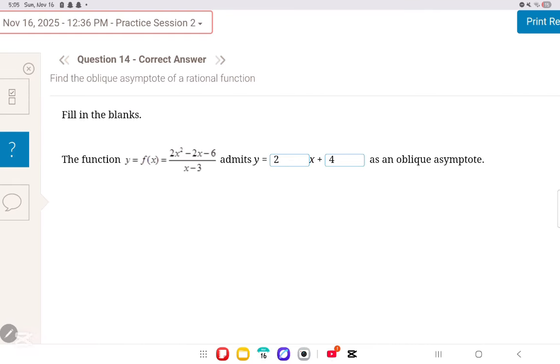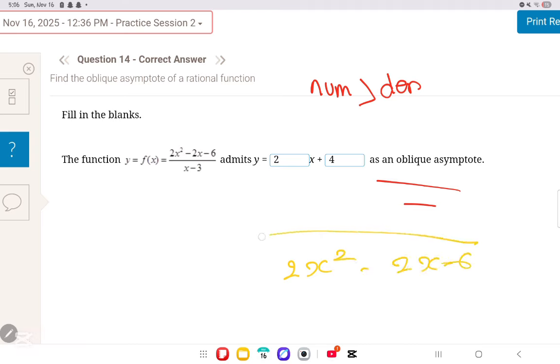Okay, so here they're looking for an oblique asymptote. That means my numerator should be greater than my denominator, which is true. So now what do I need to do? I need to divide. So 2x squared minus 2x minus 6 divided by x minus 3. 2x squared divided by x, that's 2x. 2x times x, that's 2x squared. 2x times minus 3, that's minus 6x. Then you change the signs. What am I left with?